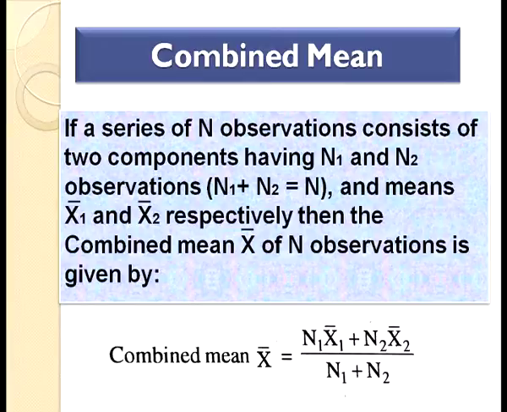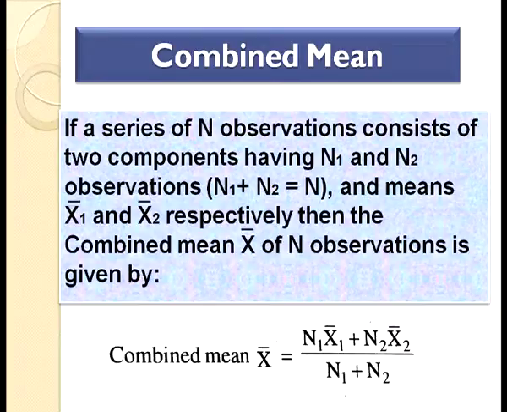So, combined mean. We are able to compute combined mean if a series of n observations consists of two components. In this case, we have two observations n1, n2, and there will be two means given to us for the two components, mean of 1, mean of 2 respectively.